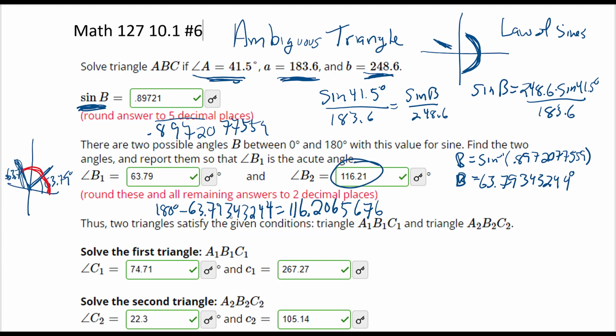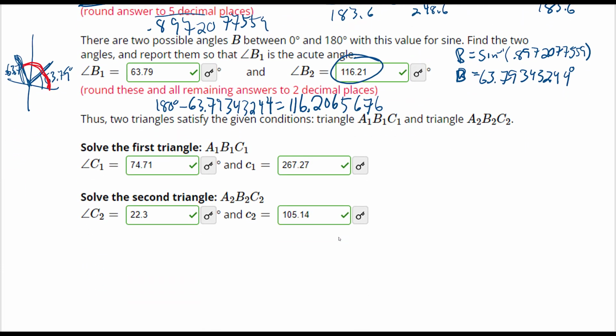So now, if we want to find the rest of this triangle, we can subtract in each case to get C. So in the first case, we have 180 degrees minus the A, which was 41.5, and the B, which was in the first case 63.79. We're just going to go to two places. So I do 180 minus 41.5 minus 63.79, and that's where I get the 74.71.